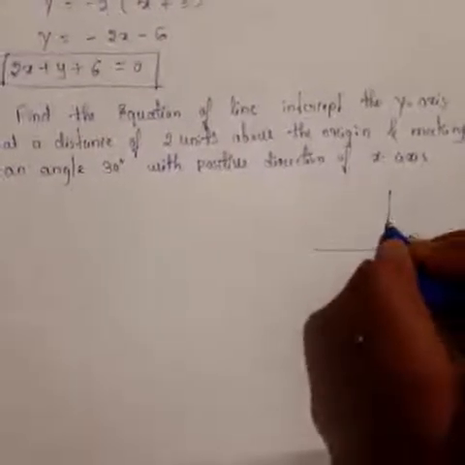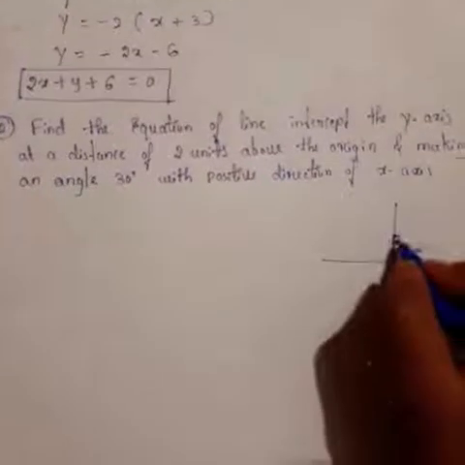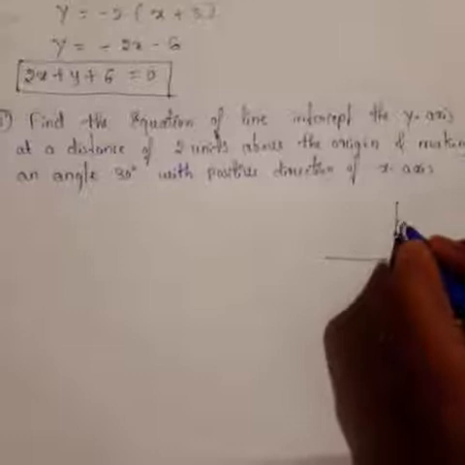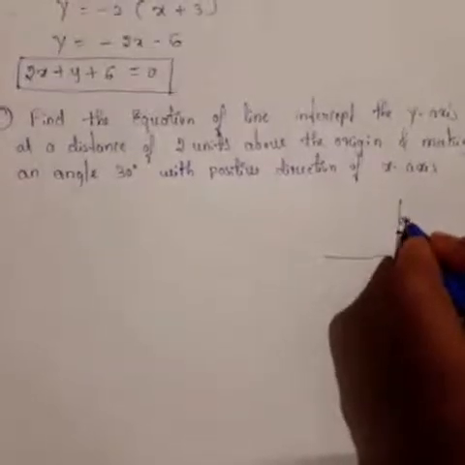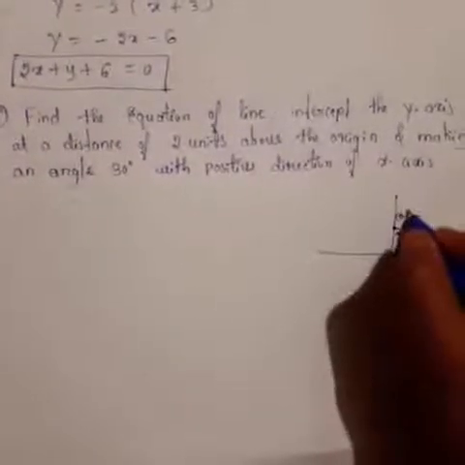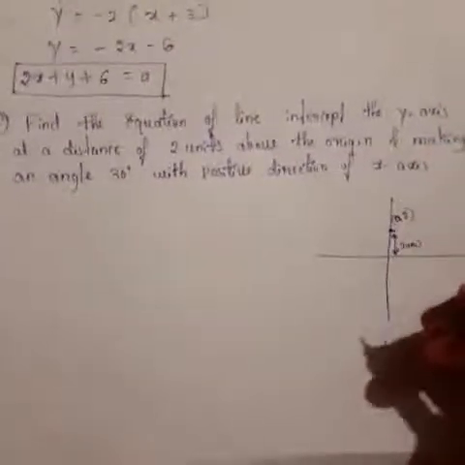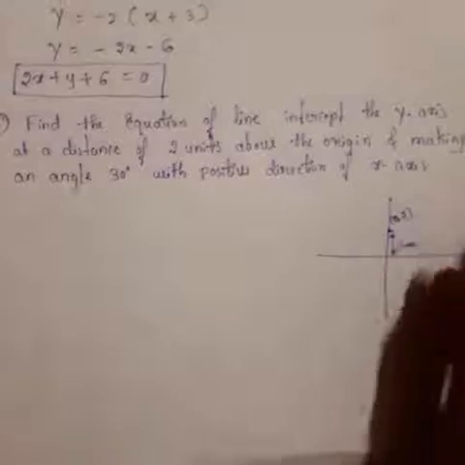This point lies exactly on the y-axis, so obviously the x coordinate is 0 and the y coordinate is +2. Above the origin means the positive side, that's why the point is (0, 2).